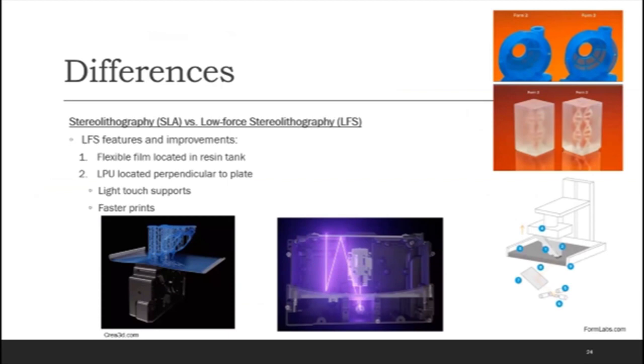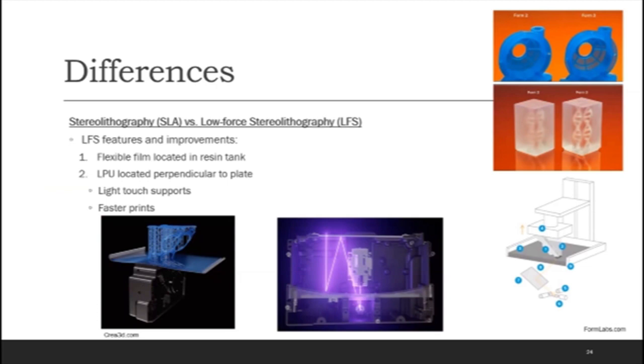So the main differences inside between the Form 2 and the Form 3 is that they're both based on the SLA, stereolithography technique. However, the Form 3 has this new specific type of stereolithography that is called low force stereolithography, LFS for short.